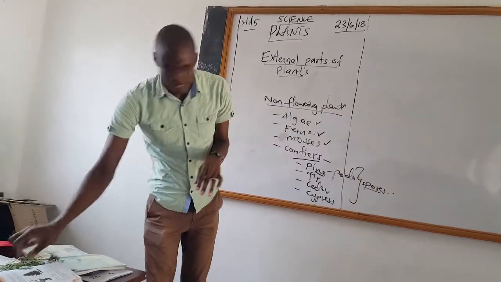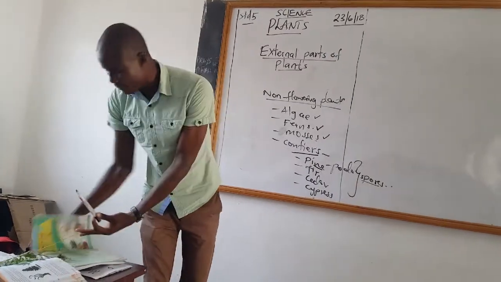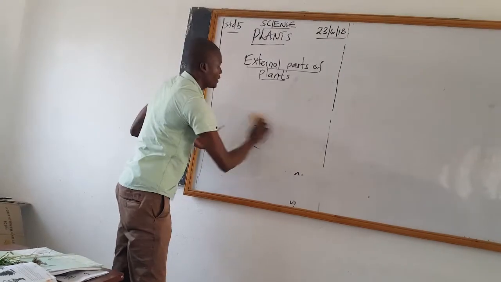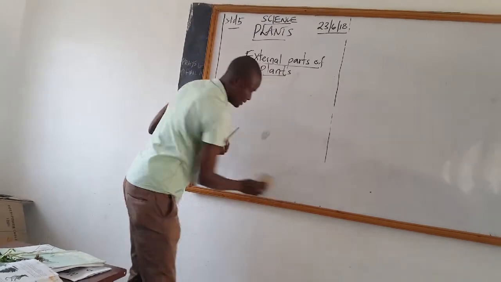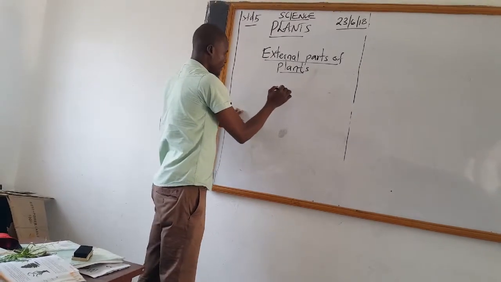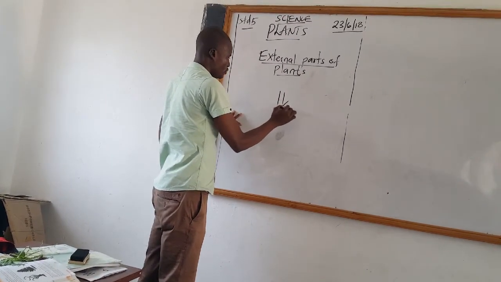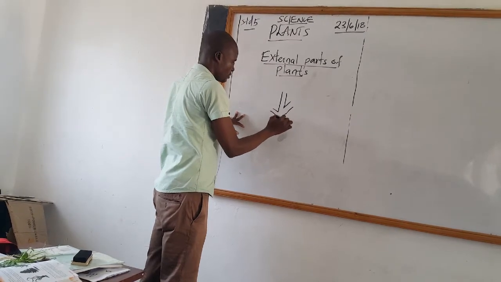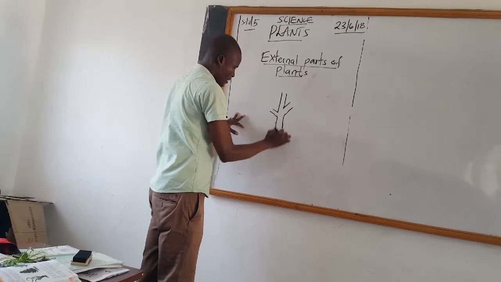So much for that. Let us go directly to what we wanted to do today. Today, I just mentioned that we have to do the external parts of a plant, and I'm just going to draw a simple plant here, for us to be able to name the parts and to give some other things.